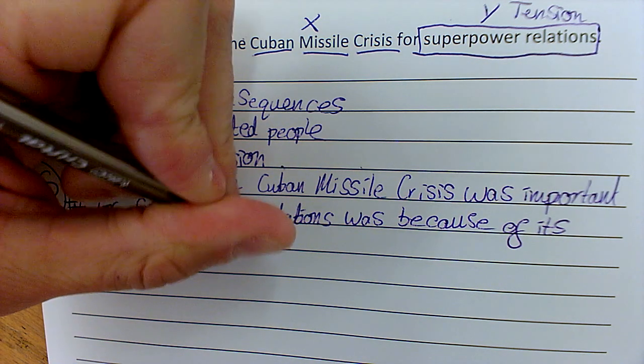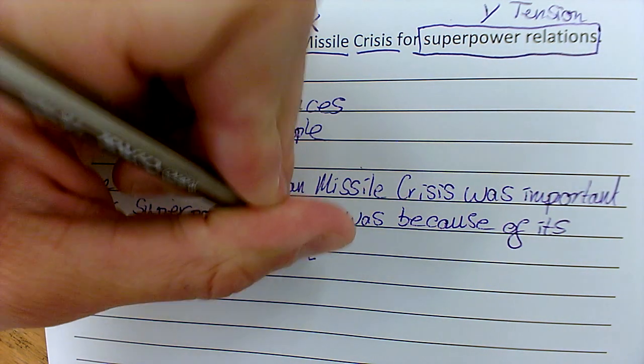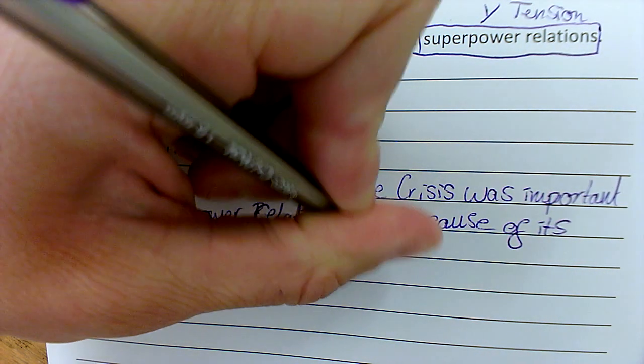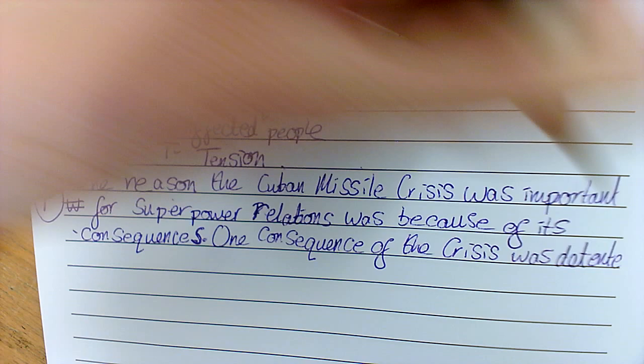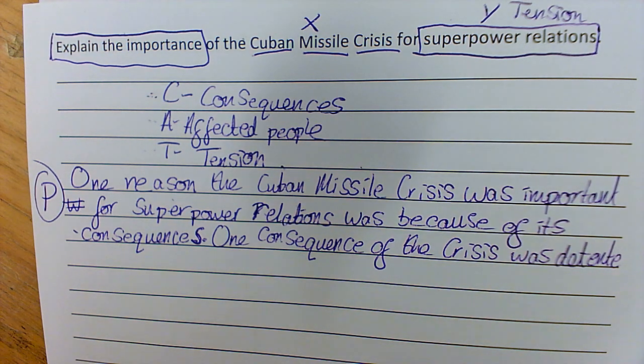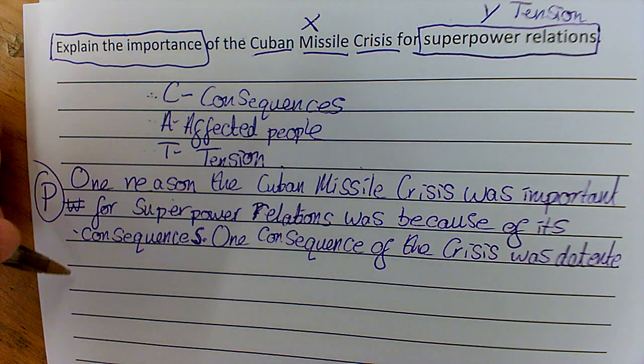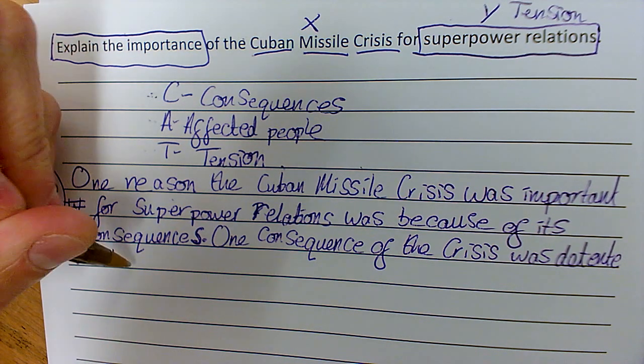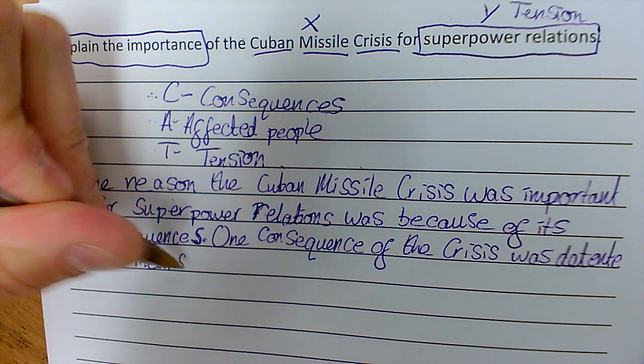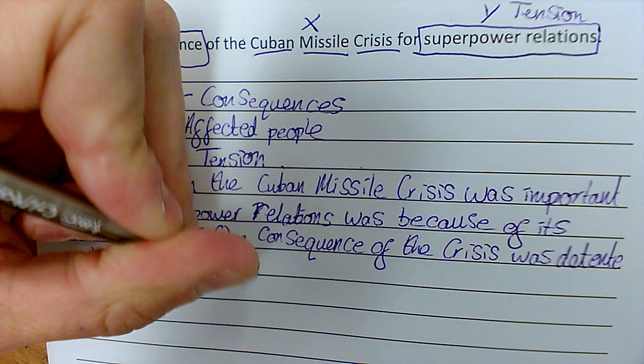One consequence of the crisis was détente, which means a reduction of tension.